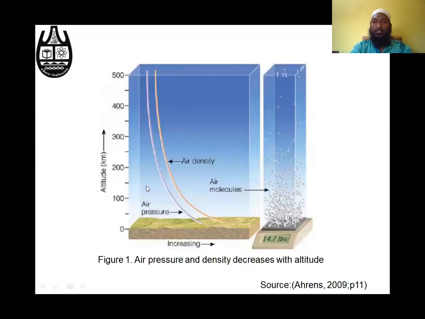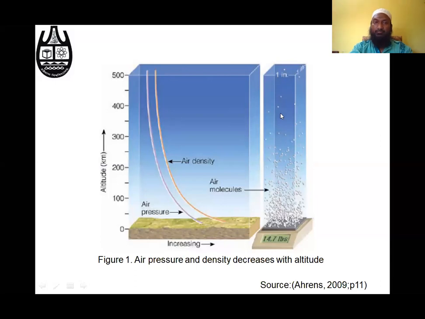This is the condition of air density and air pressure. You see, in both cases the graph rises steeply in the lower atmosphere. If you think about 1 square inch of air and measure it, it is 14.7 pounds. At the top of the atmosphere, it will be very little.